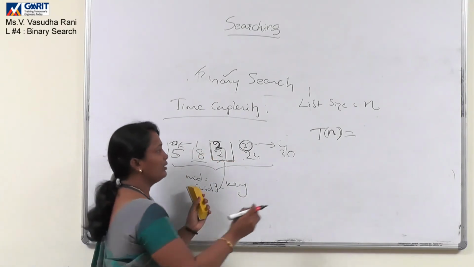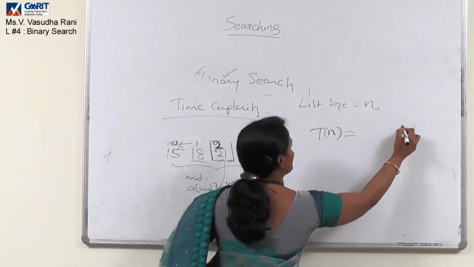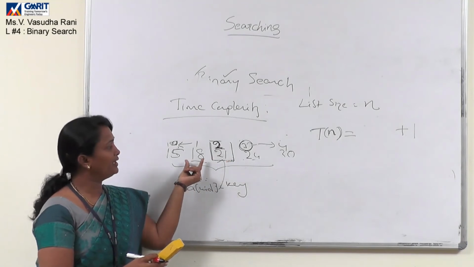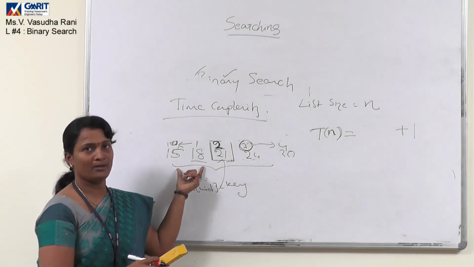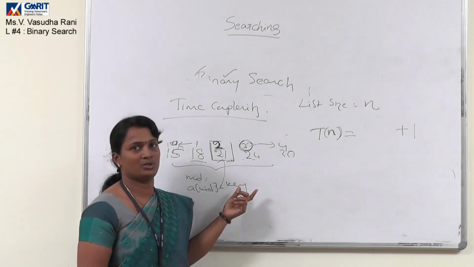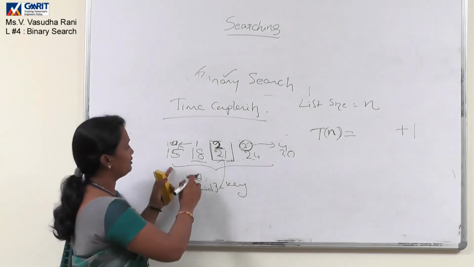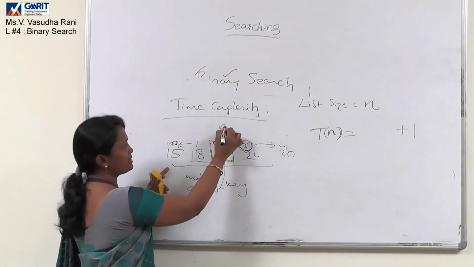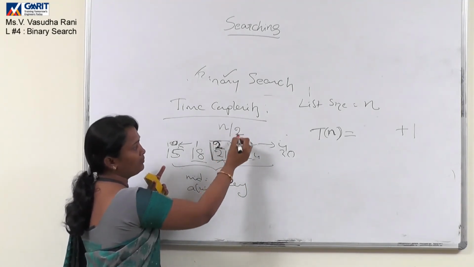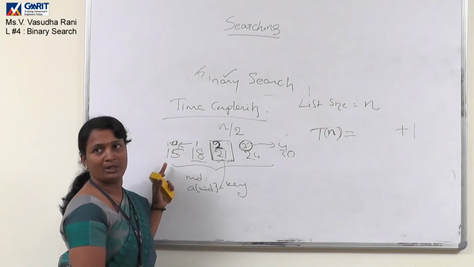That is one comparison we are doing. After that one comparison, we are dividing the list into two halves, and only one half of the list is considered for the next iteration. So if the number of elements is n, after dividing the list into 2, the number of elements in the list will become n by 2.